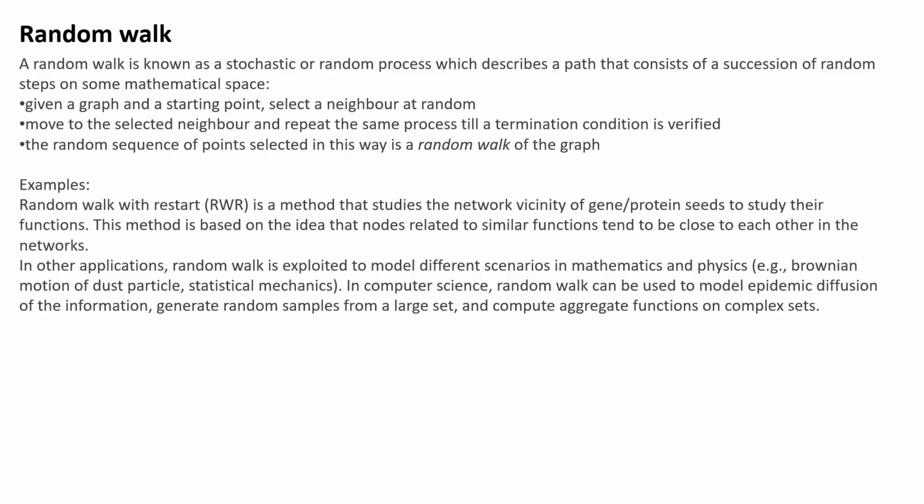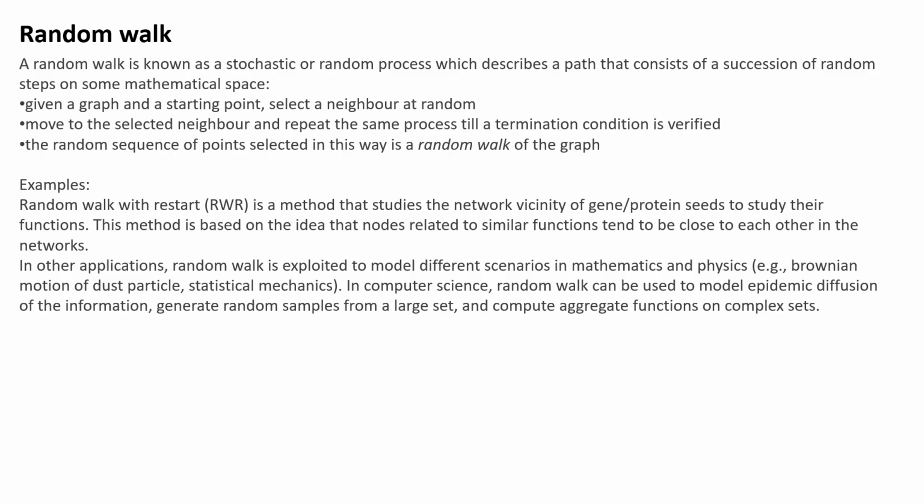So if you do contact tracing, say if you try to find out which of these say 7 neighbors this person is likely to infect, that becomes somewhat of a random walk, obviously. And so we can generate random samples from a large set. We can compute aggregate functions on complex sets as well using random walk.